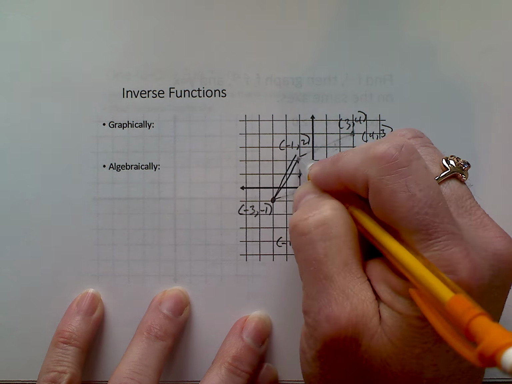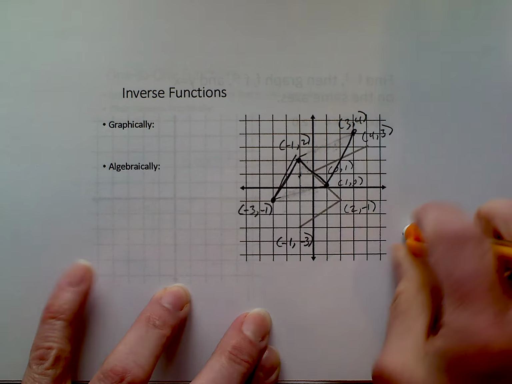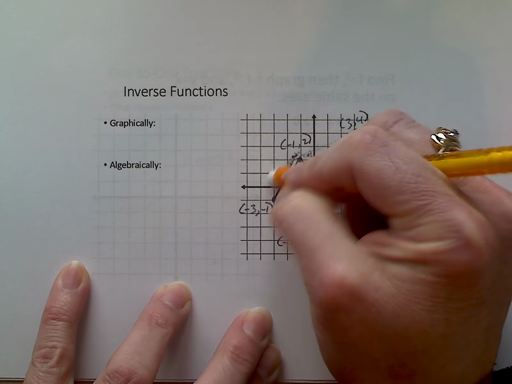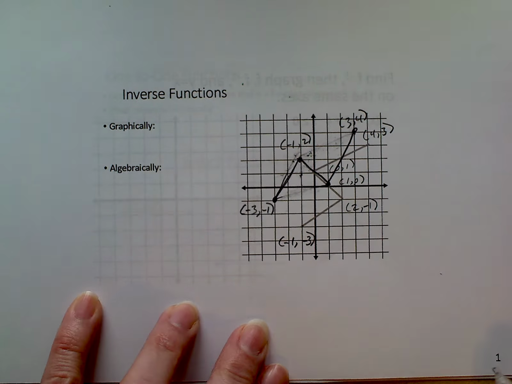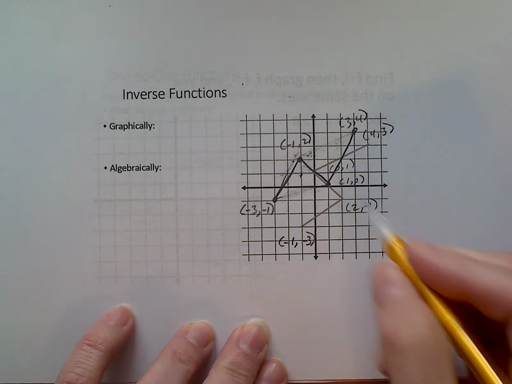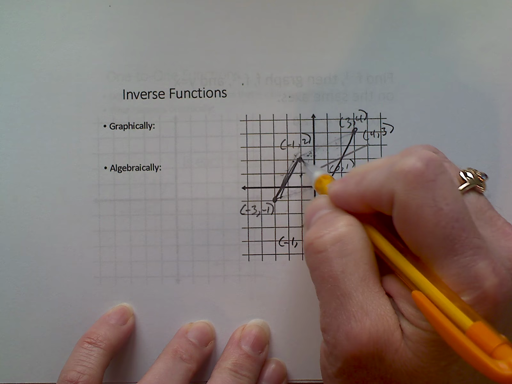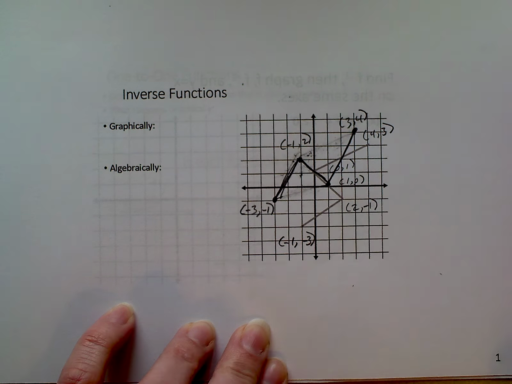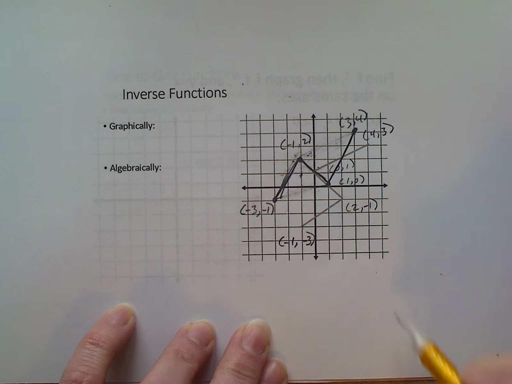Oh, I missed. Guys, I'm going cuckoo. Here we go. Goodness, what a sloppy graph. Need my dry erase board. This dark line is the inverse of this lighter one.